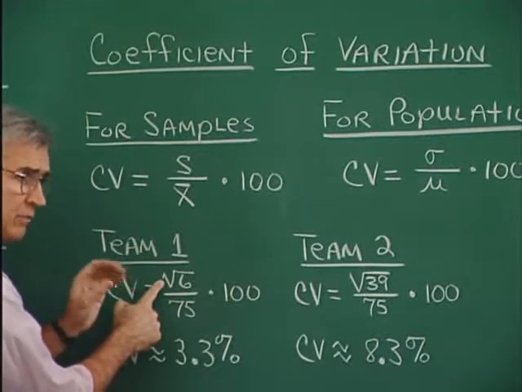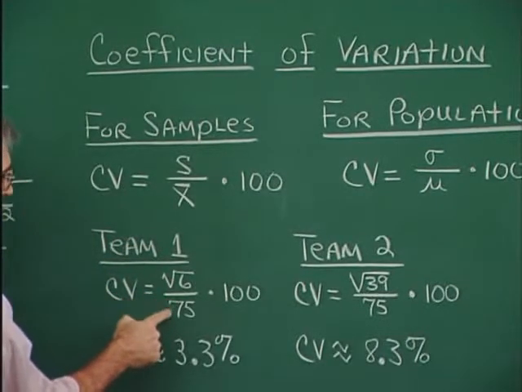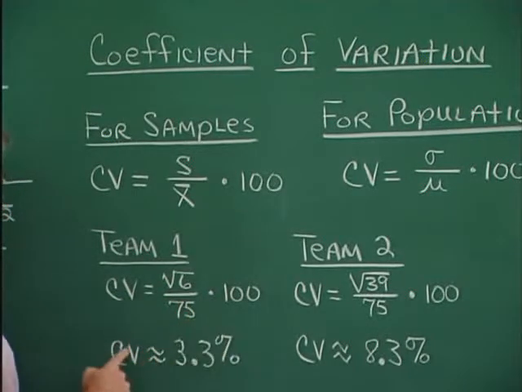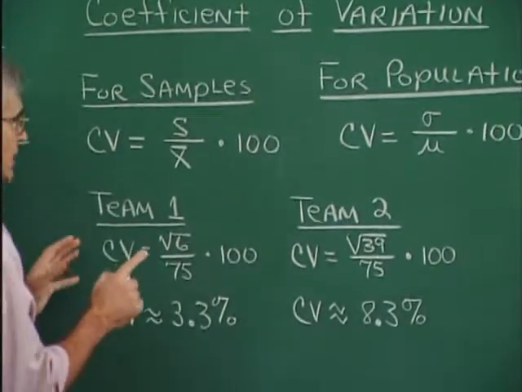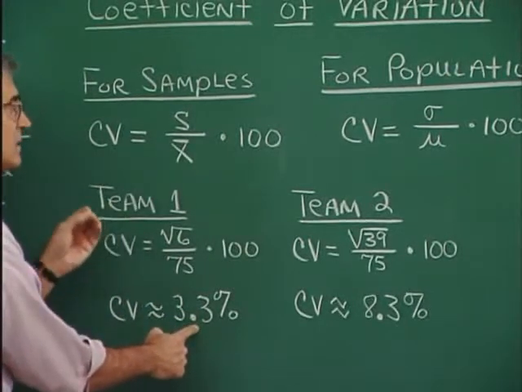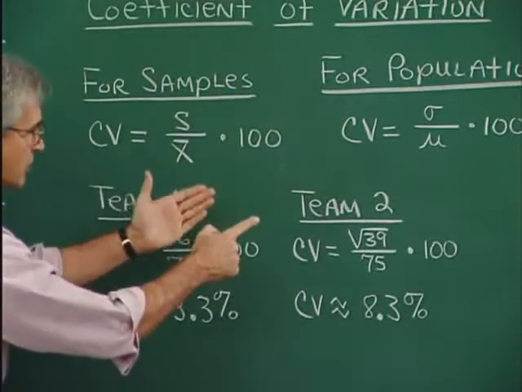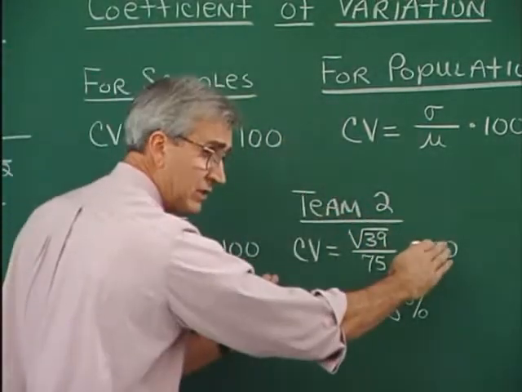Now we rounded it, but this is an exact value for that standard deviation. So square root of 6 over x bar, the mean, was 75. And multiplying times 100, we would get approximately 3.3%. And that means that the standard deviation is approximately 3.3% of the mean. Now for team 2, and we're going over this way, this is a sample, we'll think of these as samples.